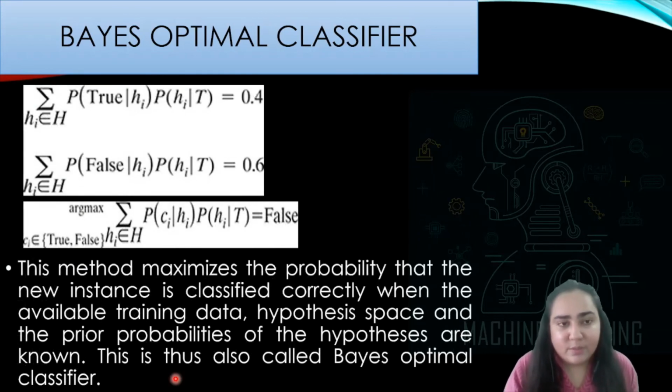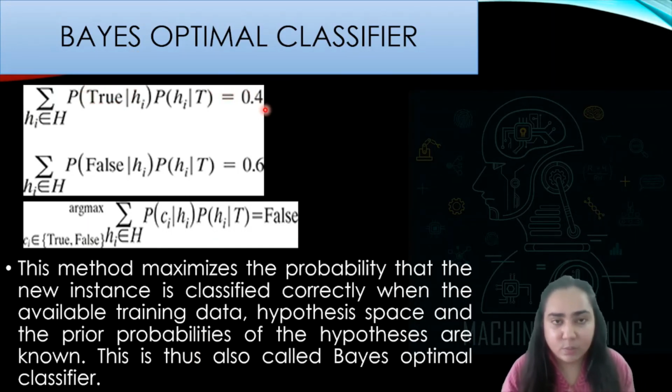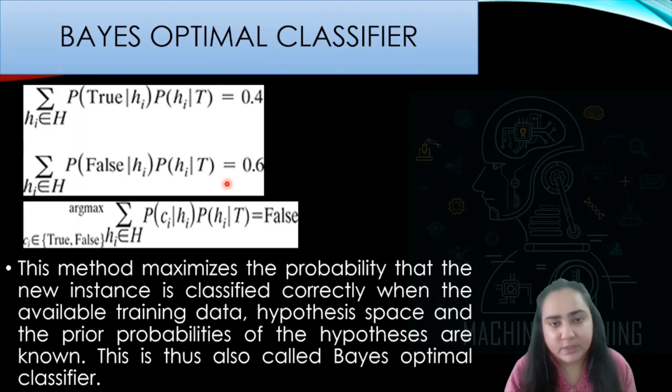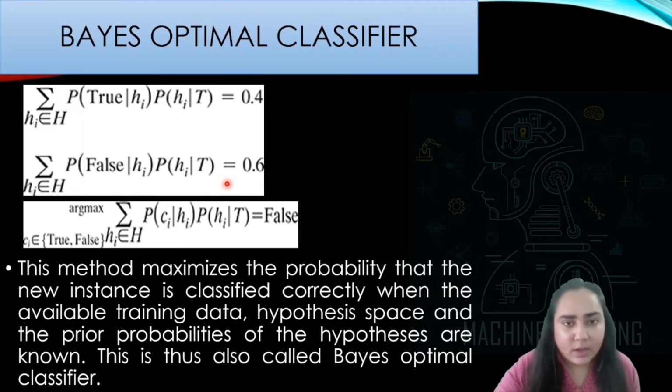So what can be the probability? You can add them. So for the true value, only hypothesis 1 is saying it is true. So that would be 0.4 alone. But there are two hypotheses classifying that as false. So that is equal to 0.6 because both of them added together are 0.3 plus 0.3. Okay. And so this is 0.6.